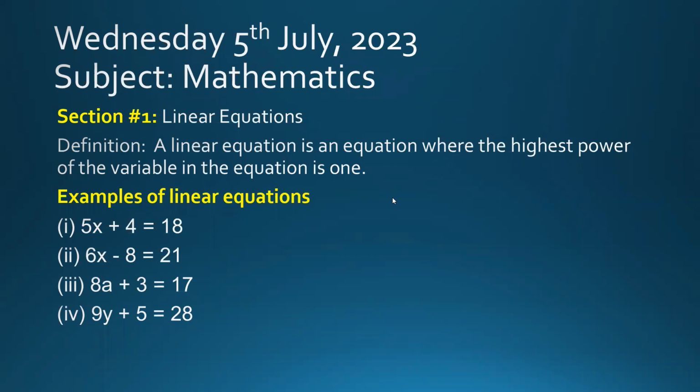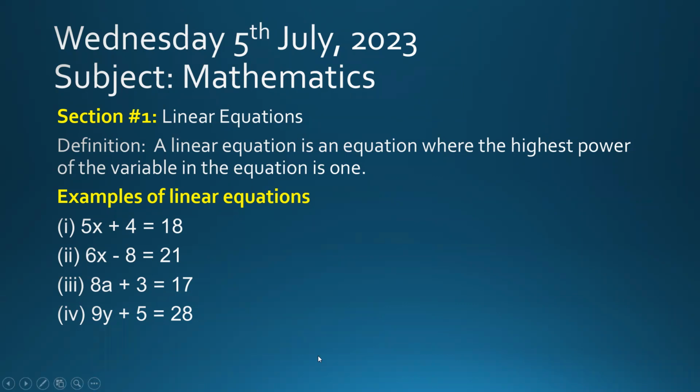And Jamea Davis, give me another example. Another example is 6x minus 8 equals 21. Very good. Jeremy, give me another example of a linear equation. A plus 3 equals 17. Very good. So these are examples of linear equations.